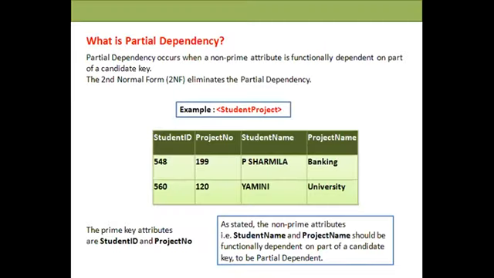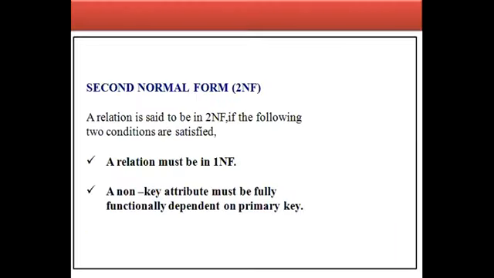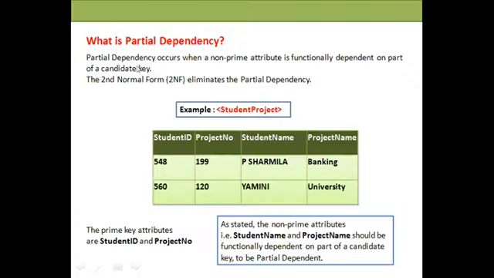Now here I want to explain what is partial dependency and what is fully functional dependency. The second condition in 2NF is that a non-key attribute must be fully functionally dependent on the primary key. So what is partial dependency?